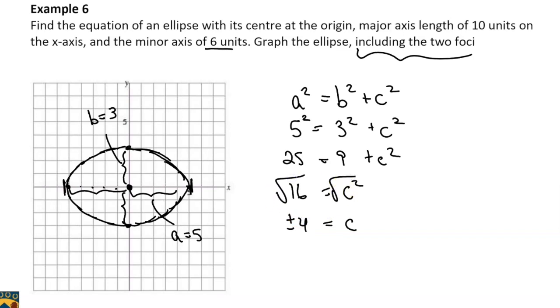And so what that means is, right here at the point (4, 0), and right here at the point (-4, 0), you would have your foci points. And those would be the two of them. And if you want, you could try to see what that would look like if you wanted to draw out some triangles. But bottom line is that's a good example because it uses our 3, 4, 5 ratio in terms of being able to show where to find foci points.